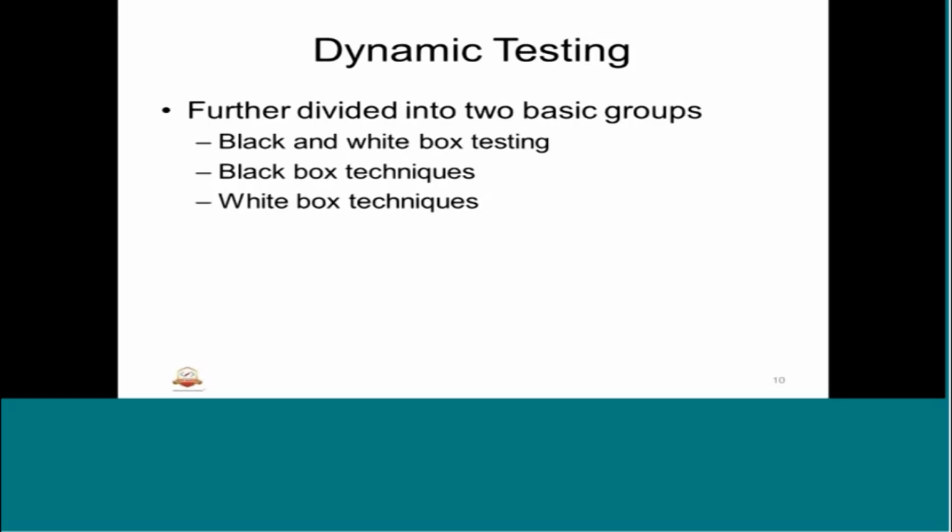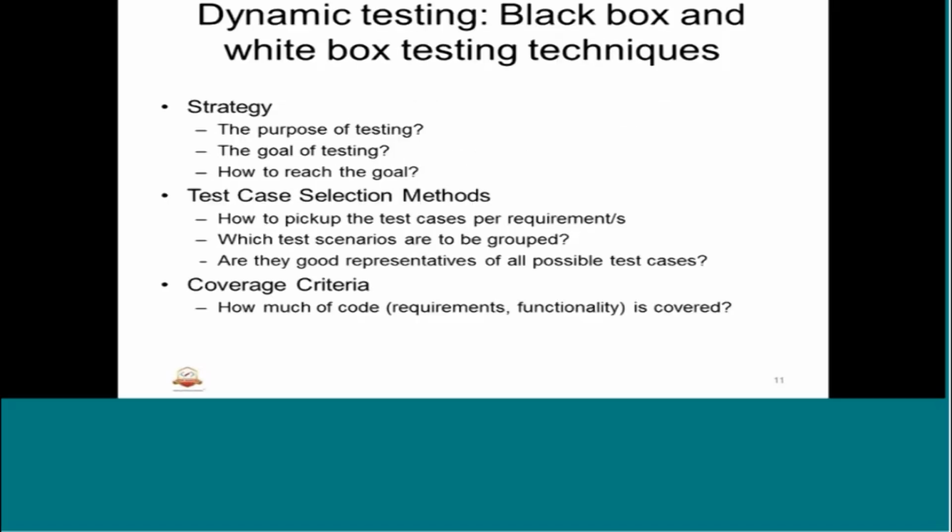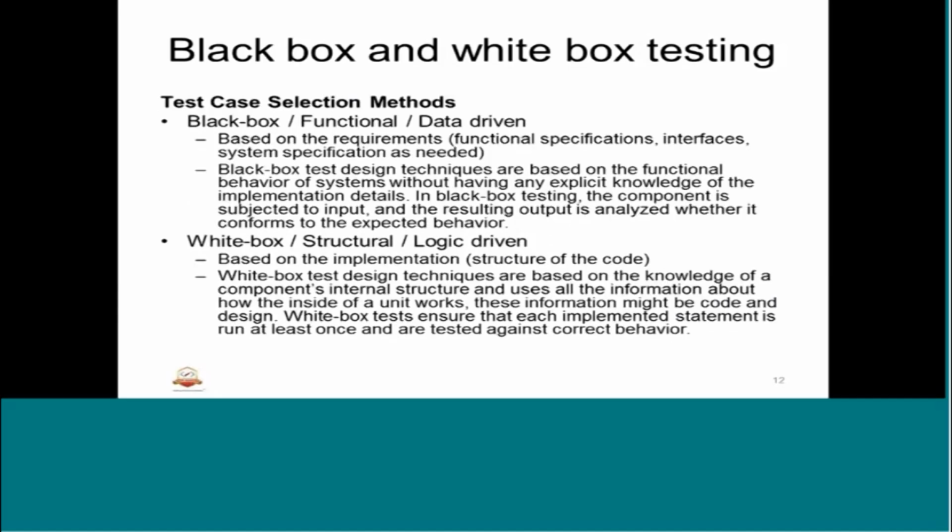So we are going through the three broader things that we need to understand: defining techniques, strategy, test case selection methods, and coverage criteria. We detailed test case selection methods. We know that black box testing is driven by the data or the functionality. For white box, we study in detail the implementation or the logic underneath the embedded software.